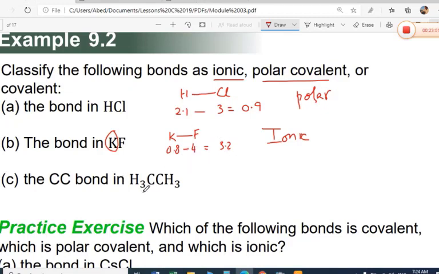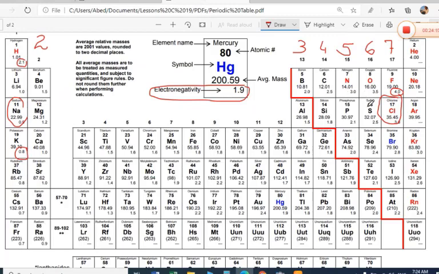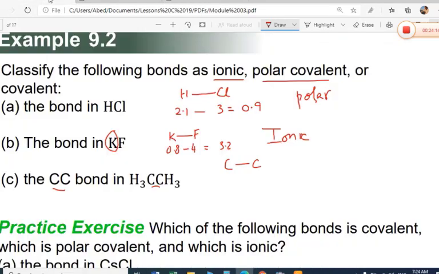Now in this part C, he is asking the bond between carbon and carbon. The video is becoming longer, but let me finish this. So how much is the electronegativity of carbon? Carbon has 2.5. So both are the same, and the answer will definitely be 0.